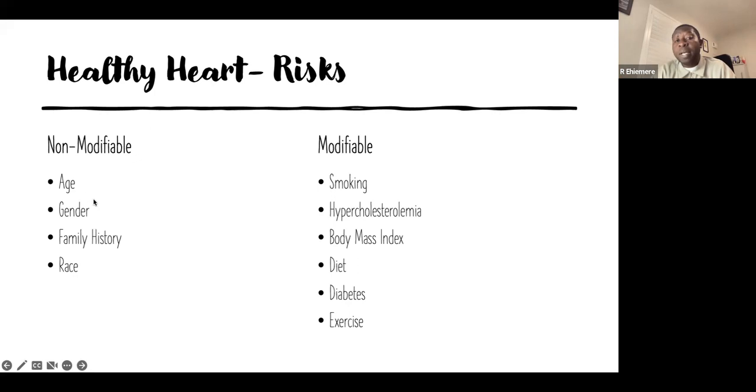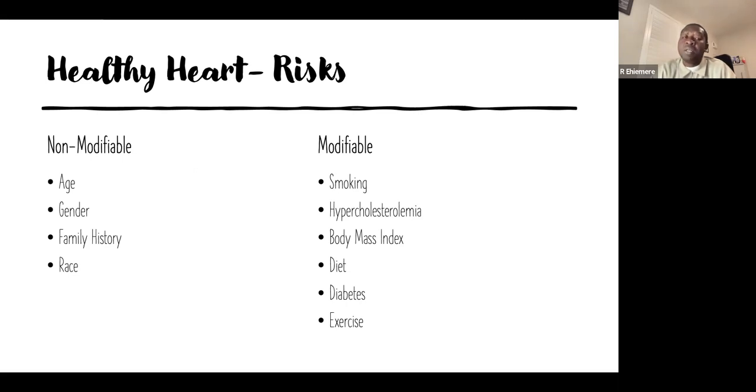So when we talk about age, the older people get, the greater their risk for an unhealthy heart. Most of the time, when we use certain scores, we start looking at scores such as age 50 and the likes.